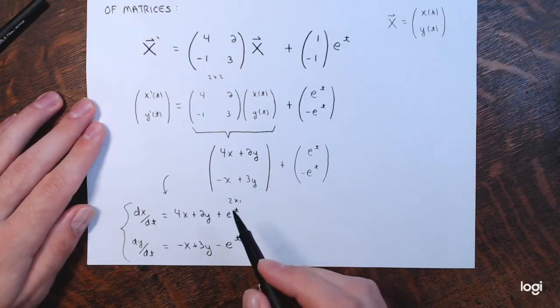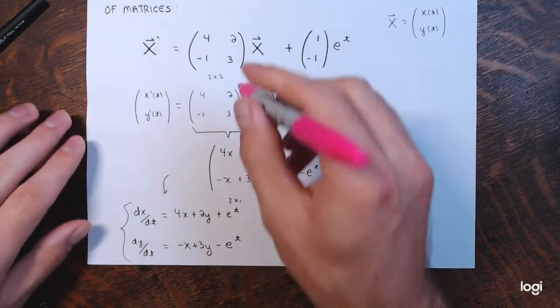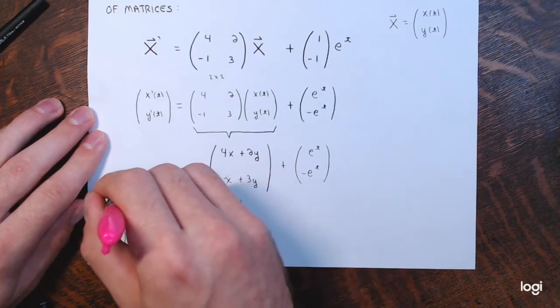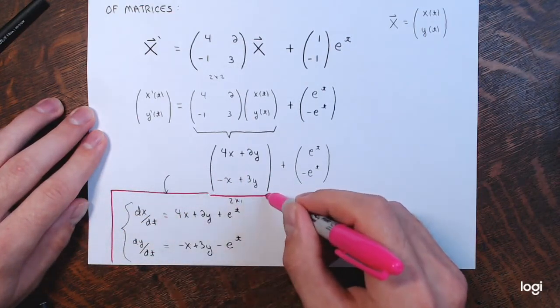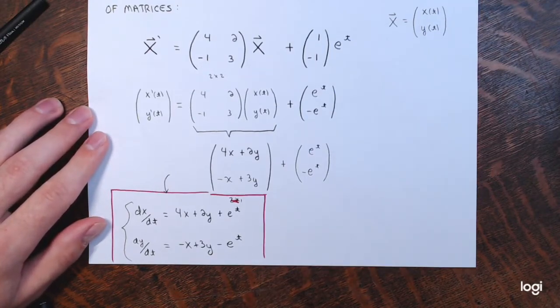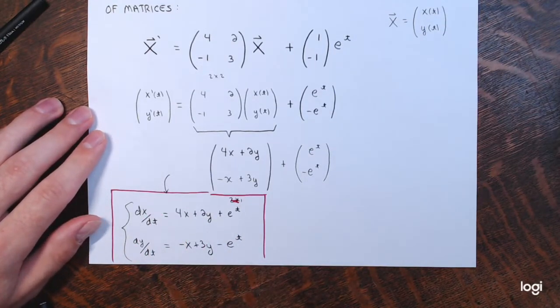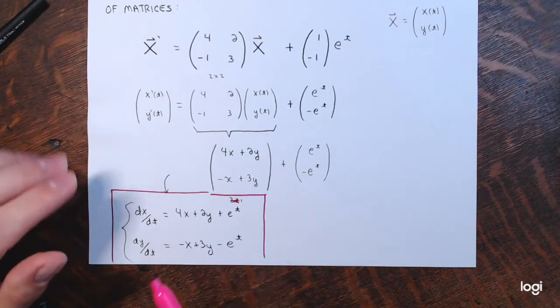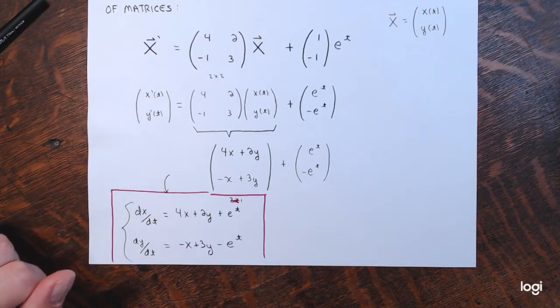And there we go. Here's this system that started off in a matrix equation, written in normal form, without a matrix, as two equations separately, with these two unknown functions x and y.